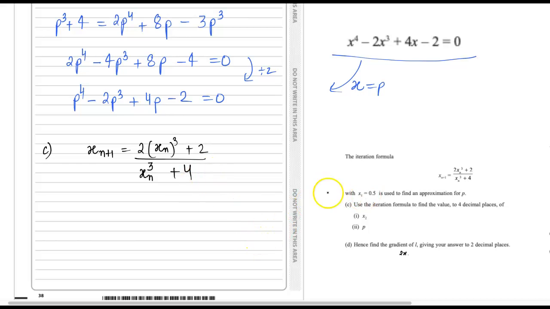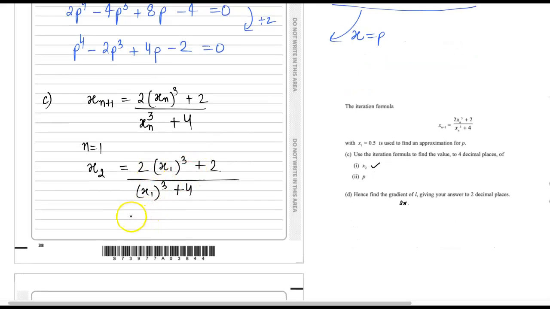Okay, so x1 is 0.5. We have to find out x2. So x2 will be, when n is 1, we're going to be getting x2 here. That would give us 2x1 cubed plus 2 over x1 cubed plus 4. Right. So let's substitute the value. x1 is nothing but 0.5. Mr. Calculator, be ready. Plus 2 over 0.5 cubed plus 4.